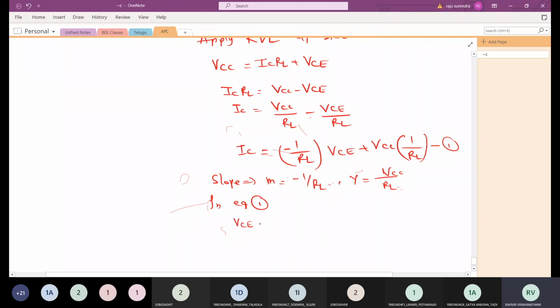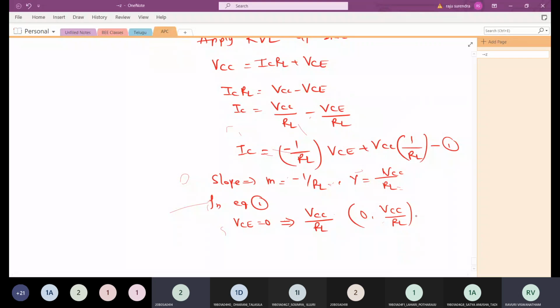In equation number 1, VCE is equal to 0. Now tell me, IC is equal to? VCC by RL. Okay, we can write it as the point 0 comma VCC by RL. All of you understood?